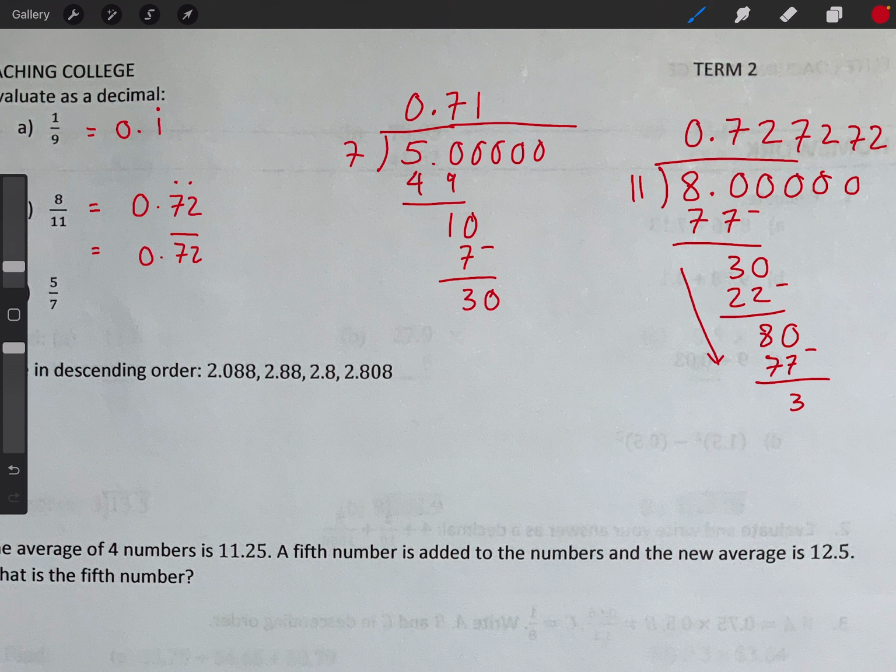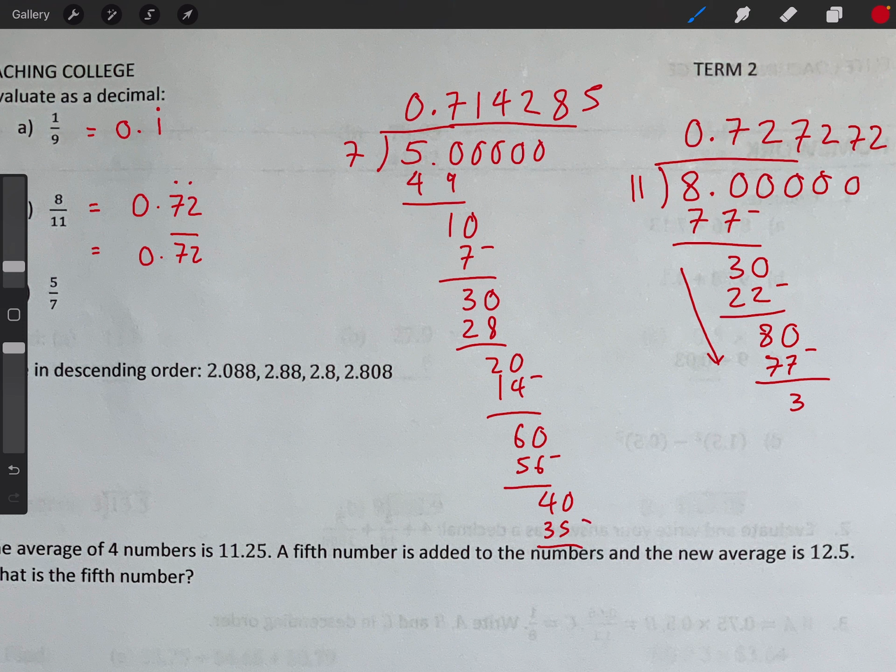30 divided by 7 is 4. That's 28. Remainder 2. Bring the 0 down. You get 2. That's 14. Subtract, you get a 6. That'll be 8. 7 times 8 is 56. And then you get a 4. 40 divided by 7 is 5. 7 times 5 is 35.